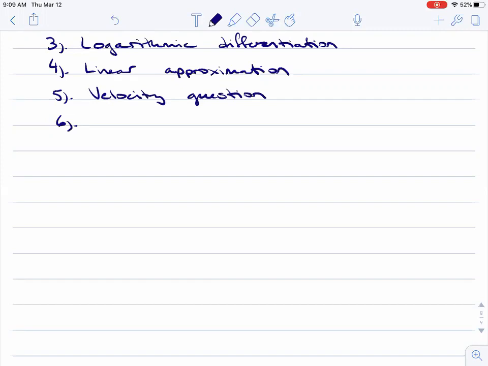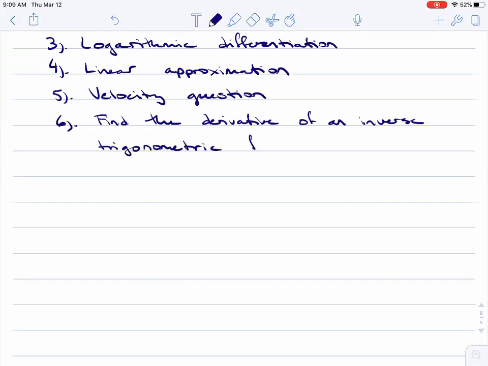The right-hand side is a little bit extreme, I wouldn't do that. So it's going to be from the left-hand side: sine inverse, cos inverse, tan inverse. Find the derivative of an inverse trigonometric function.